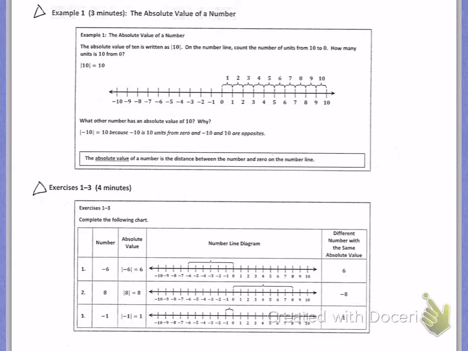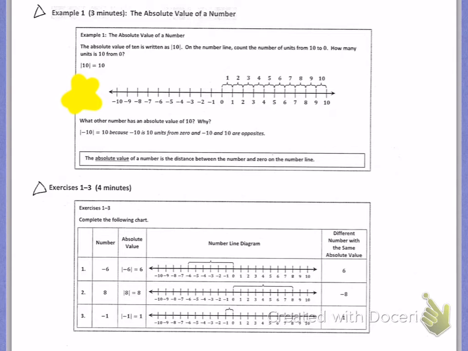As you can see on here, you have a number line, and the absolute value of 10. You will see these absolute values be written in a certain way.